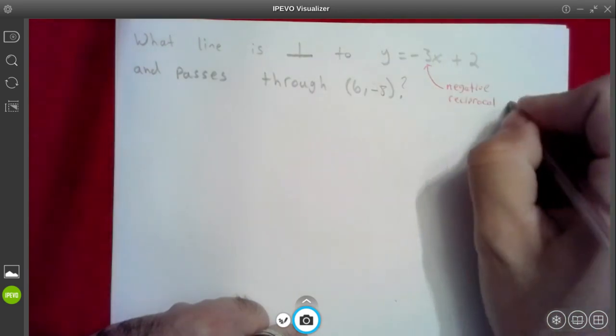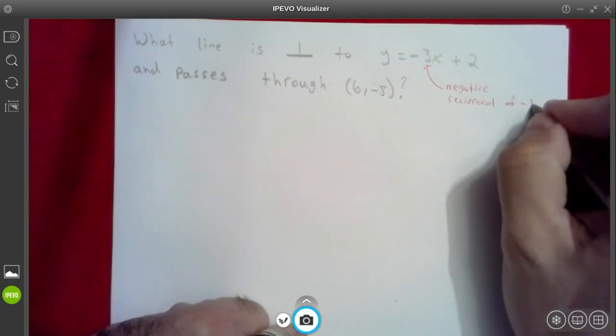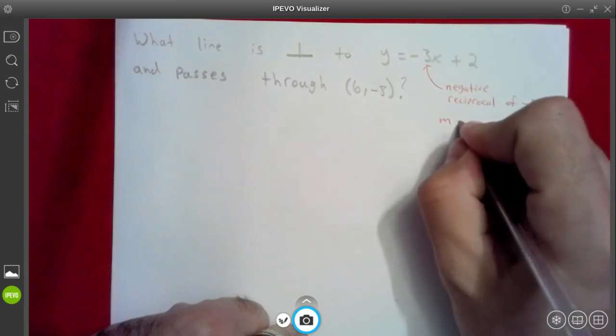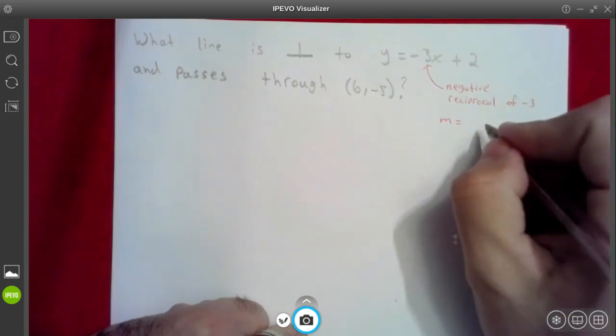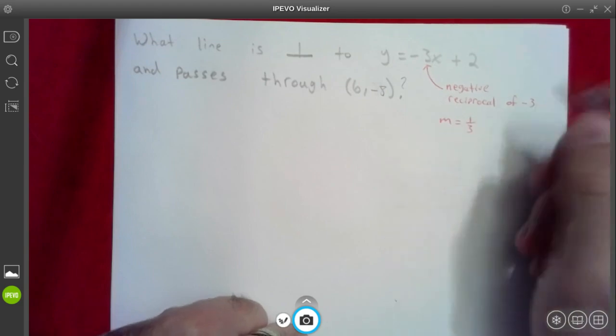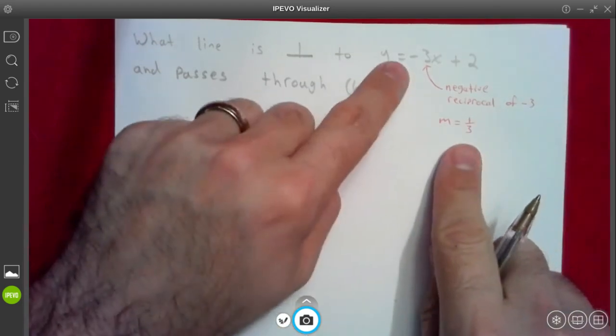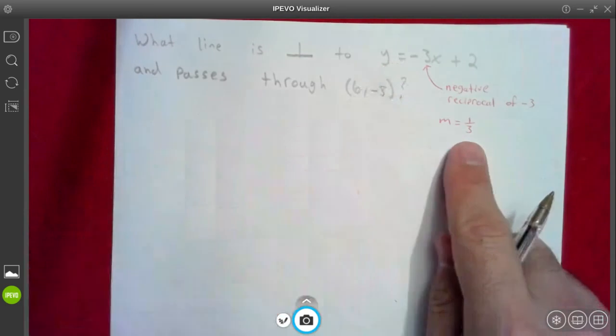The negative reciprocal of -3 is positive 1/3. You have to change the sign and flip the fraction.